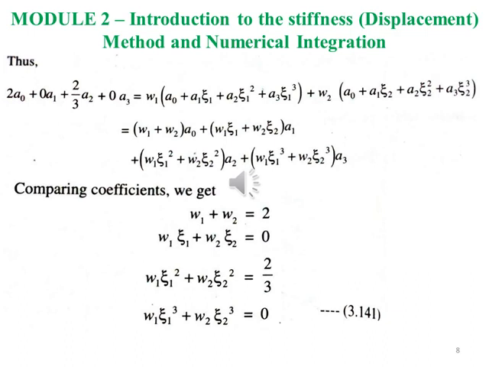Considering w1 and w2 as common values and taking them outside, we can reduce this equation to (w1 plus w2) into a0 plus (w1 z1 plus w2 z2) into a1 plus (w1 z1 square plus w2 z2 square) a2 plus (w1 z1 cube plus w2 z2 cube) a3.